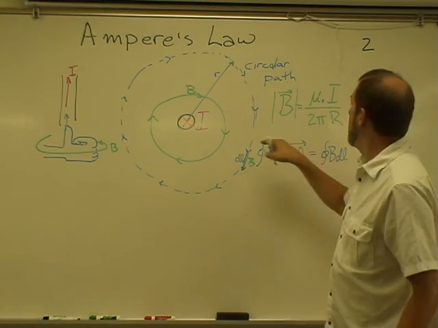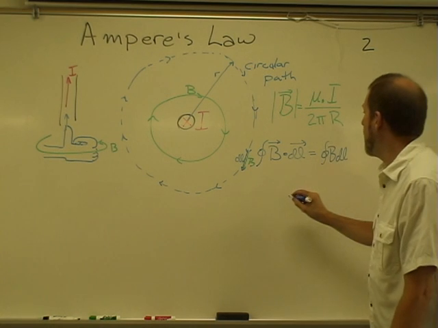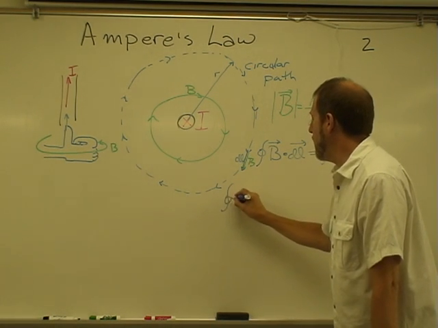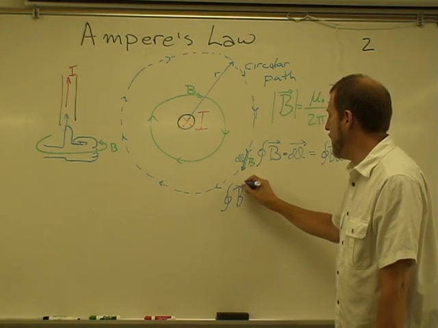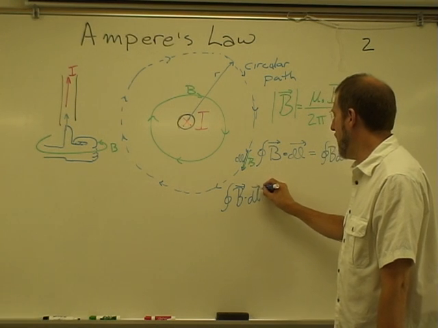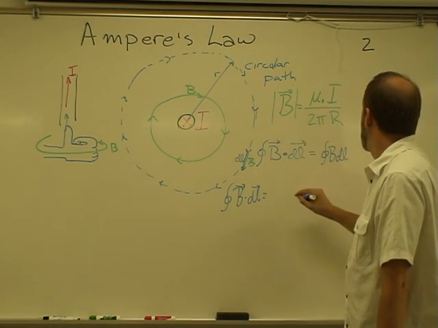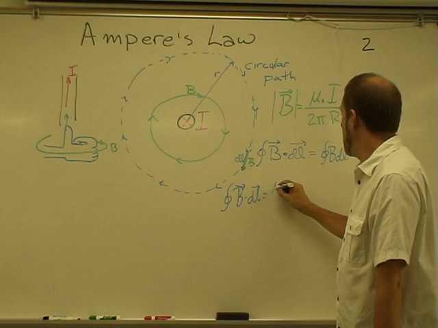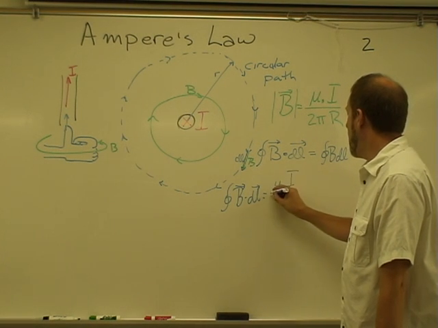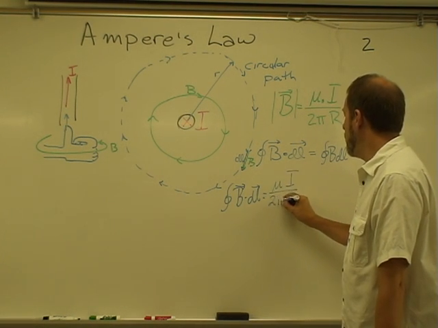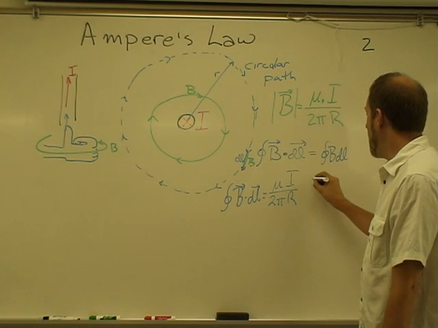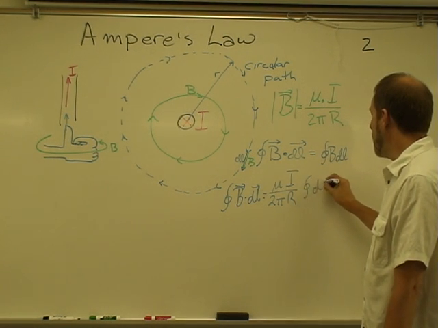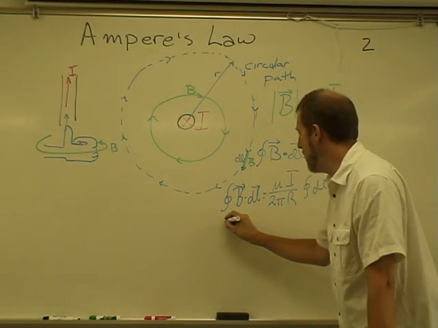Now the magnetic field is constant because r is constant. So the integral around a closed loop of B dot dl is equal to mu naught I over 2 pi r times the integral of dl.